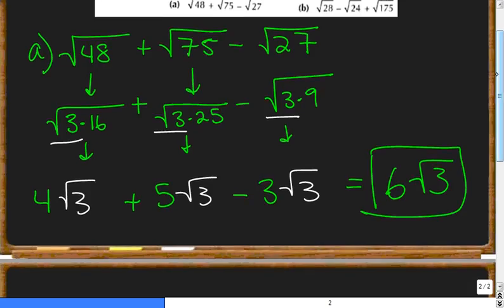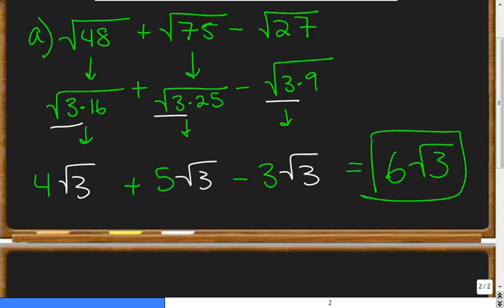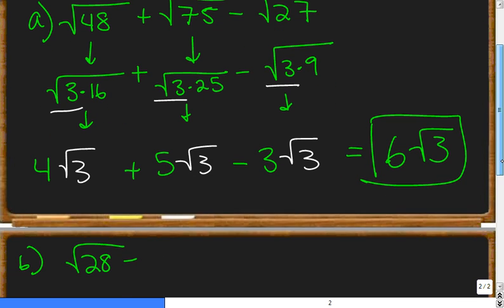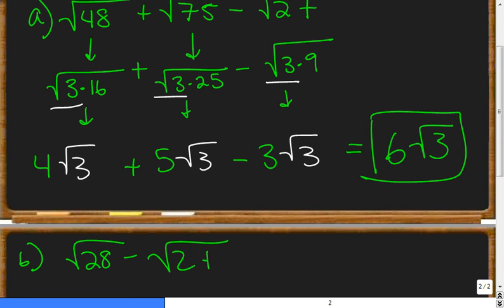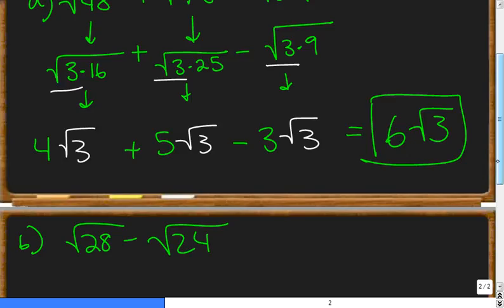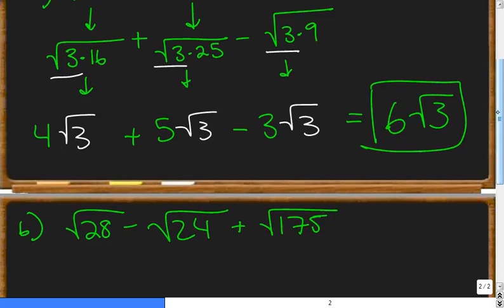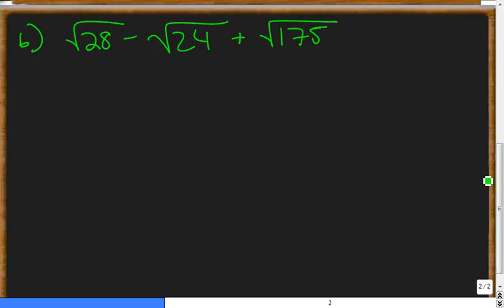Now the last example is we've got the square root of 28 minus the square root of 24 plus the square root of 175. So let's check this out.